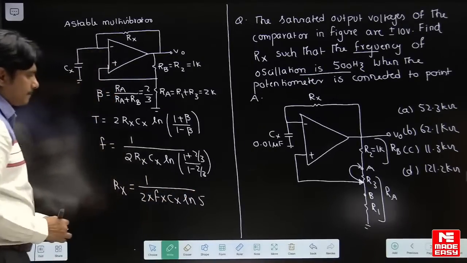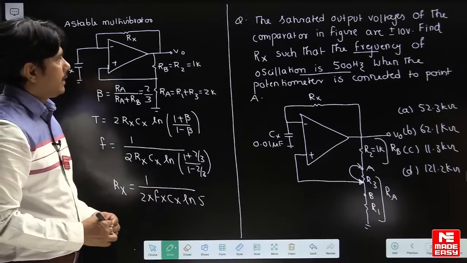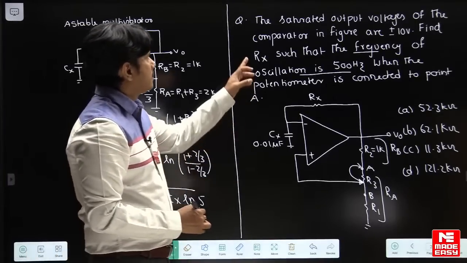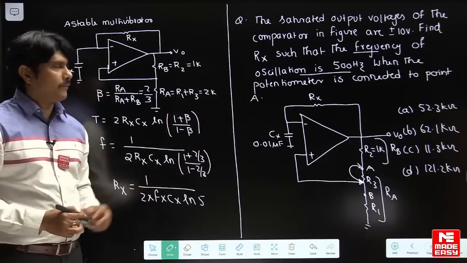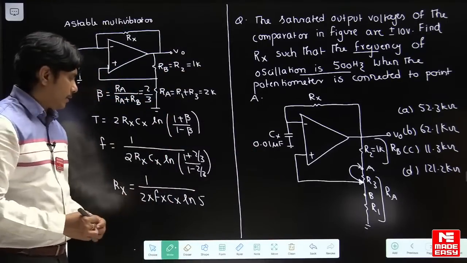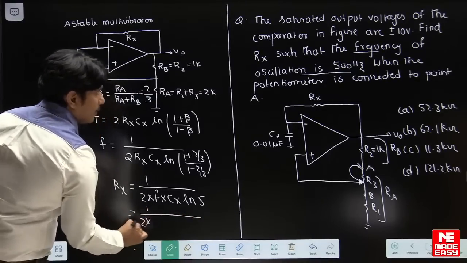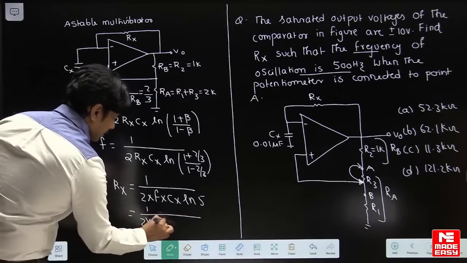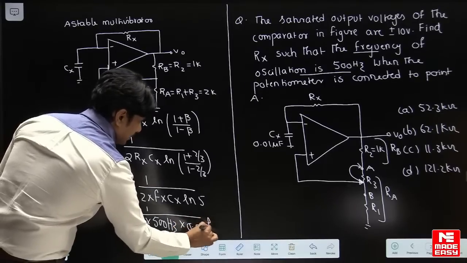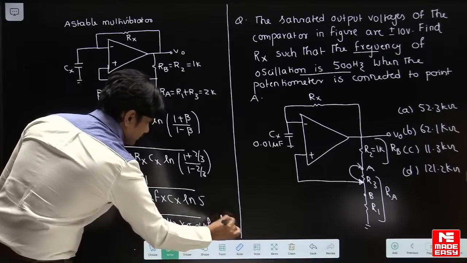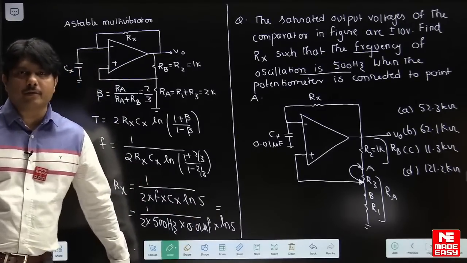C is given in the problem, C is 0.01 microfarad and F is given as 500 hertz, so we can find this answer easily. 1 by 2 into 500 hertz into 0.01 microfarad into ln of 5. If you solve this, we can find the Rx value in the question.